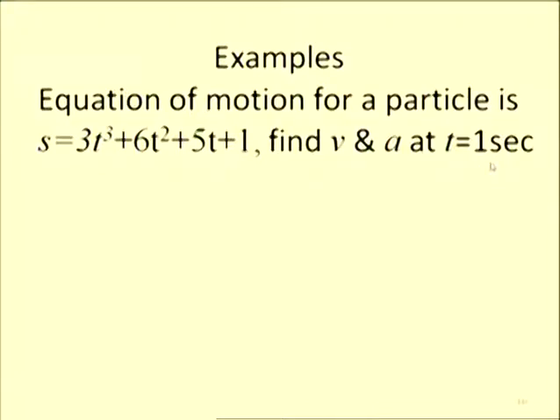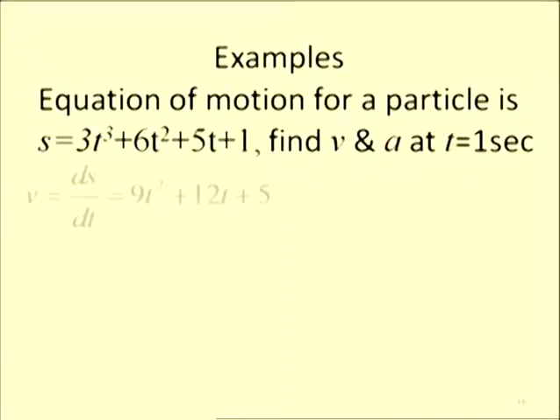So at t is equal to 1 second, what will be the velocity of this moving particle, and what will be its acceleration at t is equal to 1 second. This is instantaneous velocity or instantaneous acceleration, means it is an acceleration or velocity at a particular time.